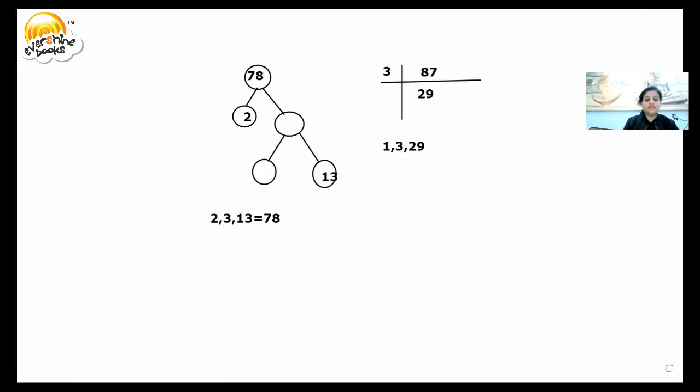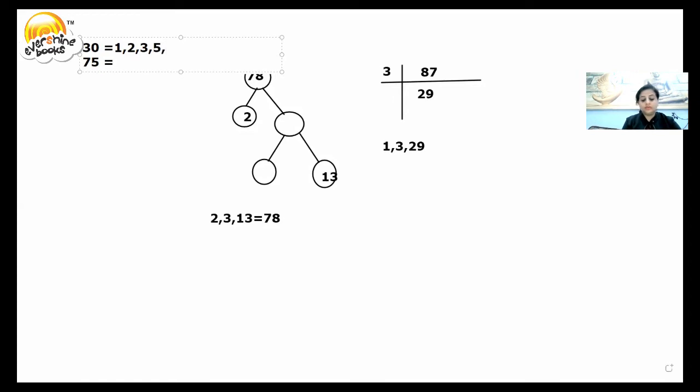First is 30 and 75. Okay, so just take out the factors. It is 1. Every number has a factor 1. Then 2 also. Then 3 also. Then 5 also.